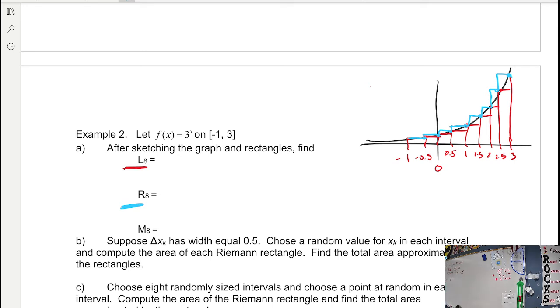See if you can calculate them. For L8, I got 18.21. Is that what everybody got? Don't shout out, just write it out and see what you get. If you got it, try the R8 next. Don't shout it out, just write down your answer.